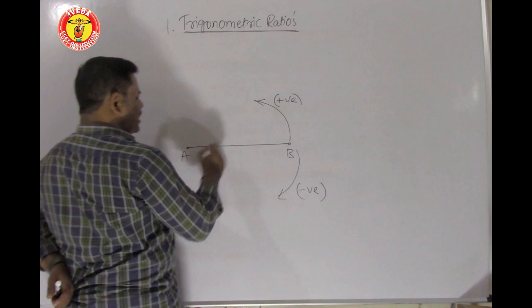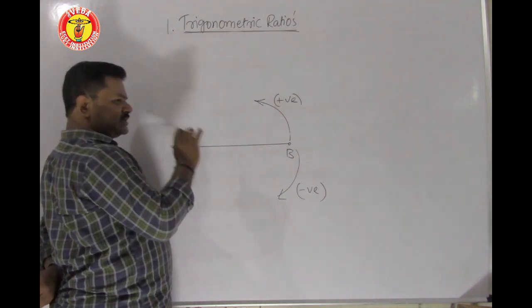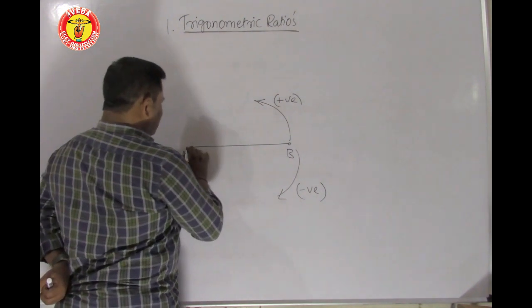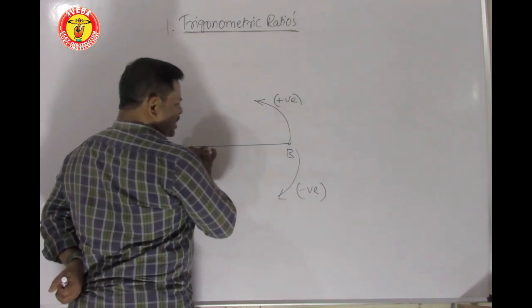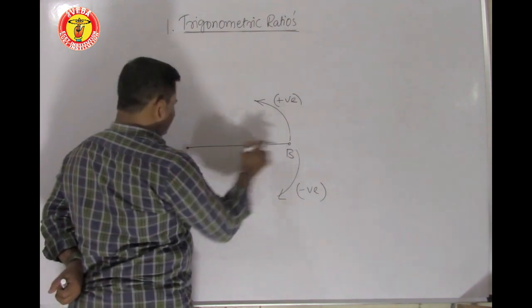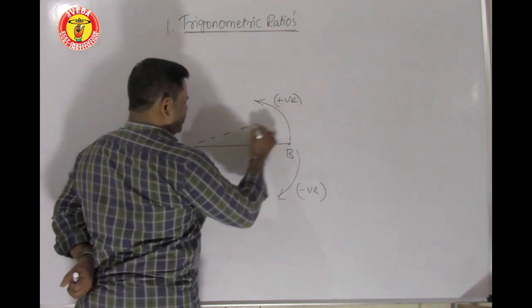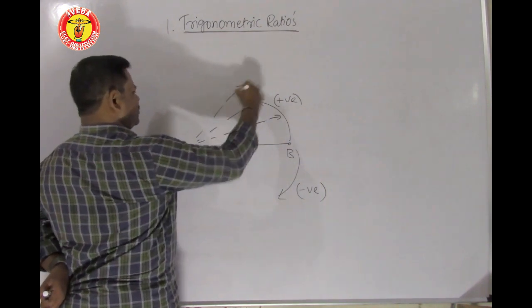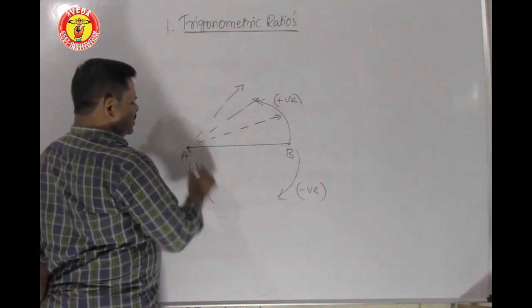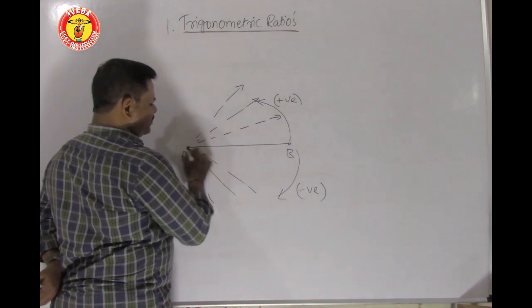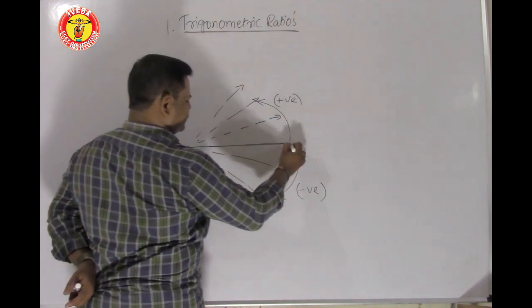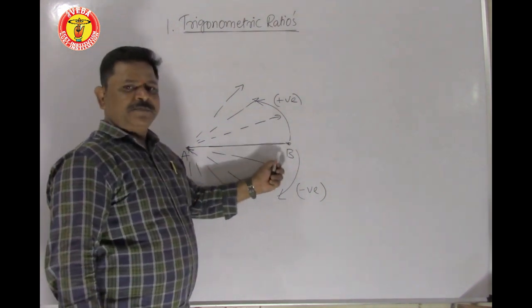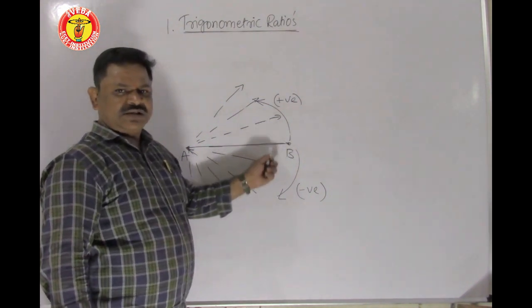Let us confirm how the exact angle is formed. If I give a small displacement to B from A by drawing dotted lines like this, at a certain point we stop the rotation. Now we want to find the distance between these 2 points.